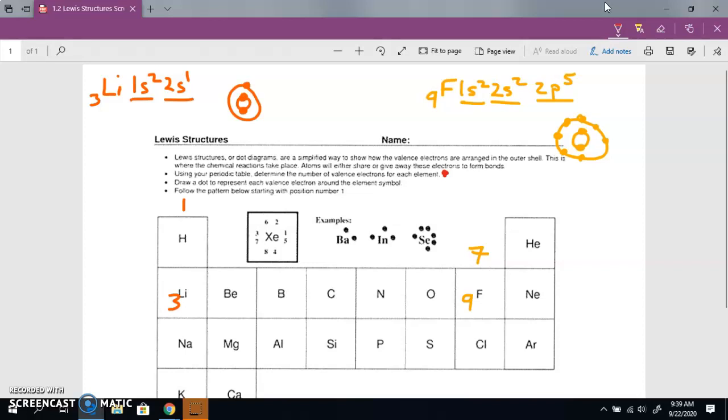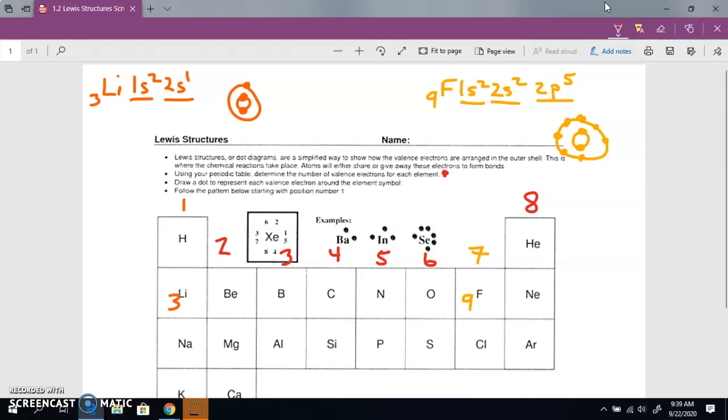So we've got main group 1. Here's main group 2. We skip that central region, the central depressed region that's called the D block, from scandium over to zinc. So this is main group 3, 4, 5, 6, 7, 8. And that main group number, 1 through 8, tells us the number of valence electrons.